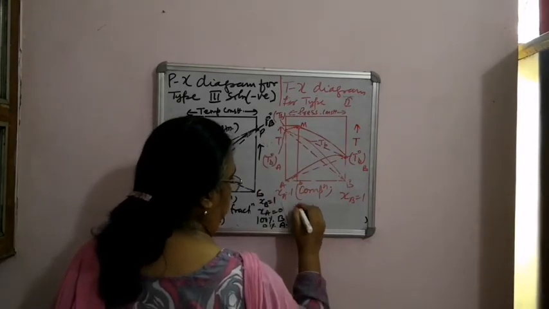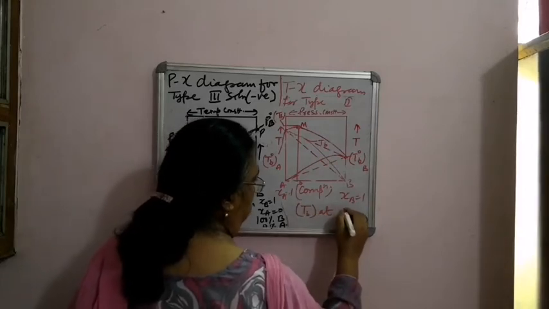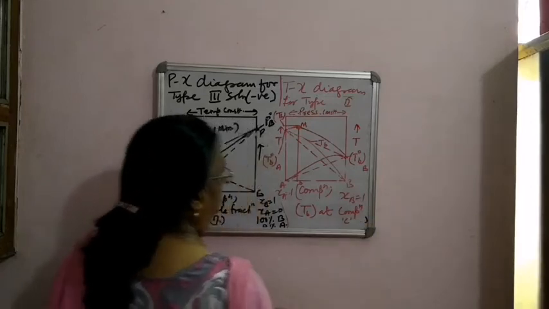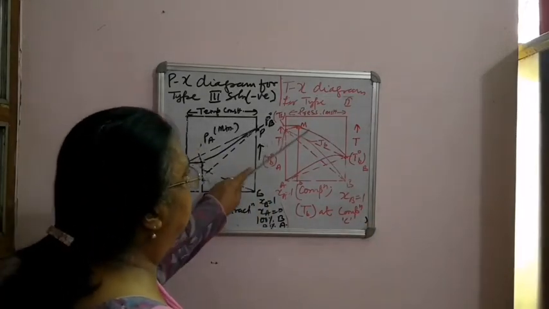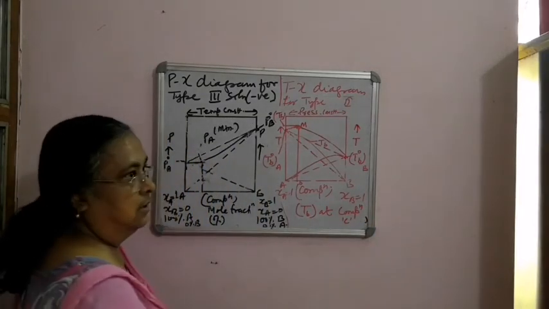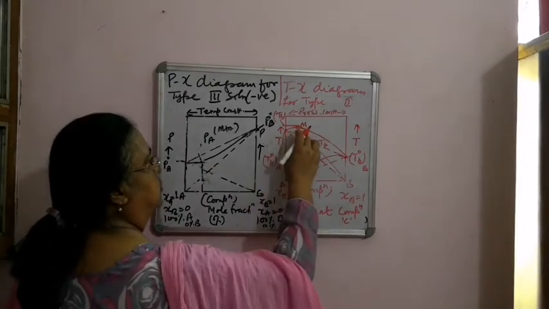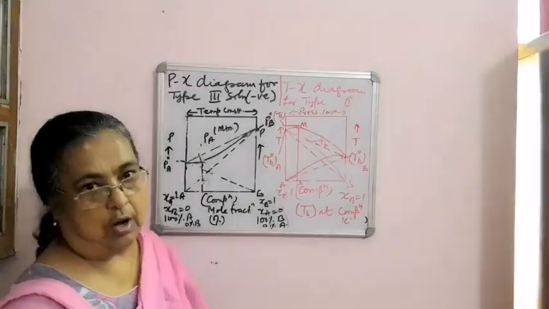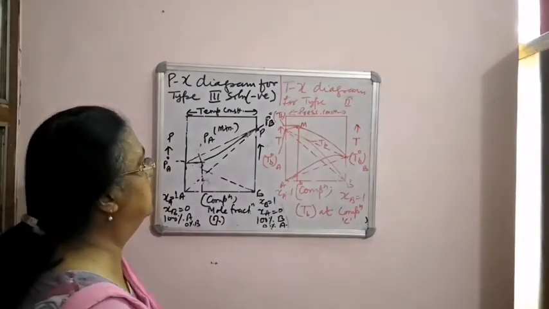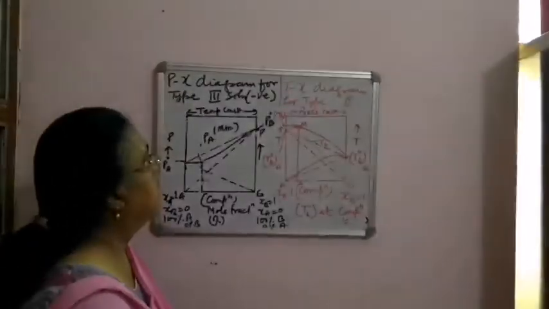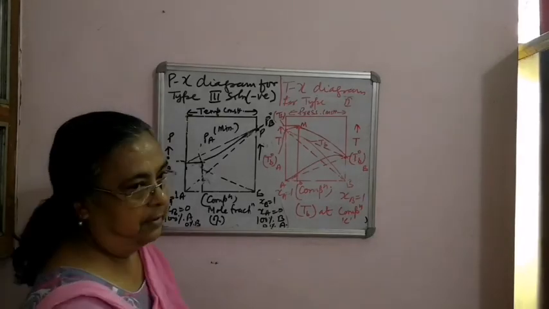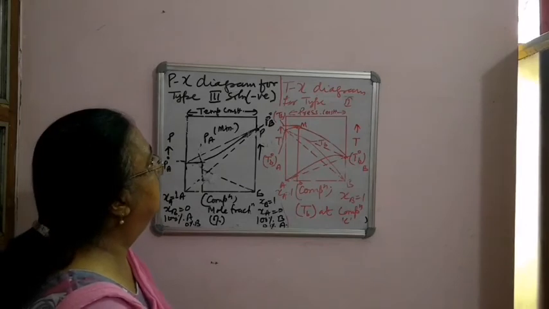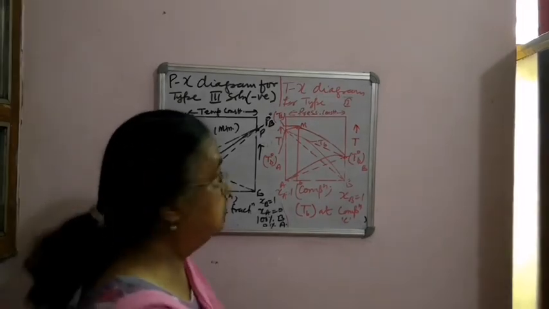TB is the boiling point at the composition C. What is there? The boiling point is maximum. So when the boiling point of the solution is maximum at this composition, then this is called maximum boiling solution. Okay. So type 2 is maximum boiling solution, no, this was type 3, not type 2, this was type 3.